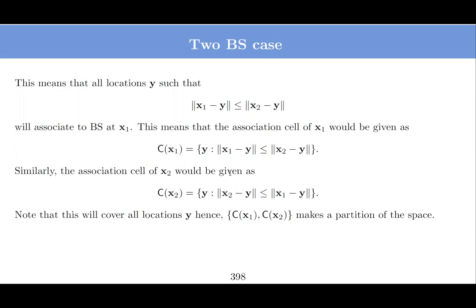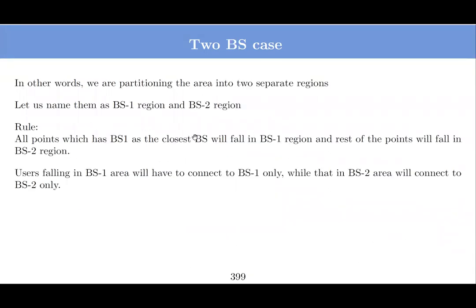So all points are covered. If x1 is closer, that point will be in the association cell of x1. If x2 is closer, it will be in the association cell of x2. So because all the points are covered, this creates a partition of the space. First will be the base station 1 region and second will be the base station 2 region.